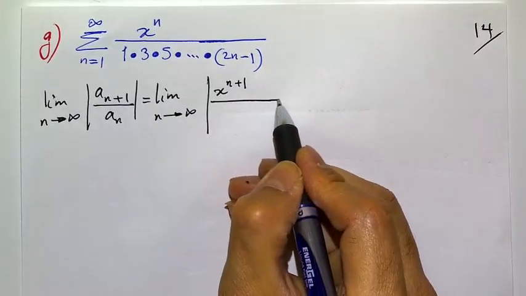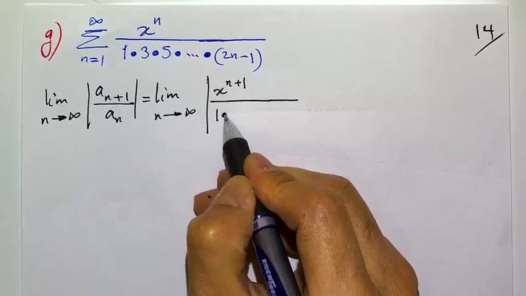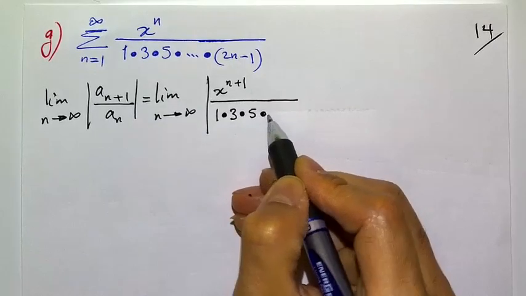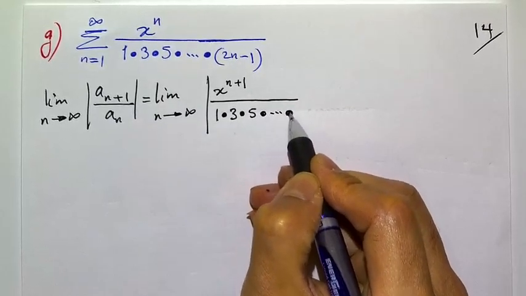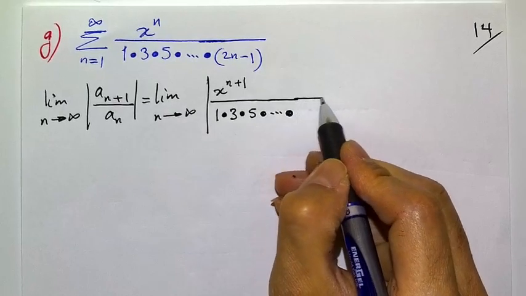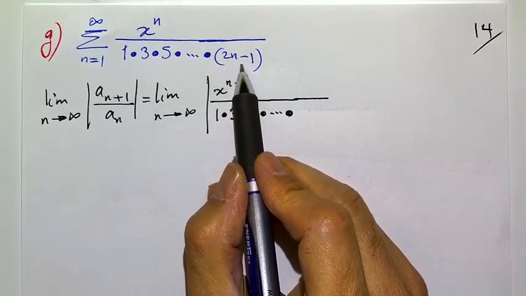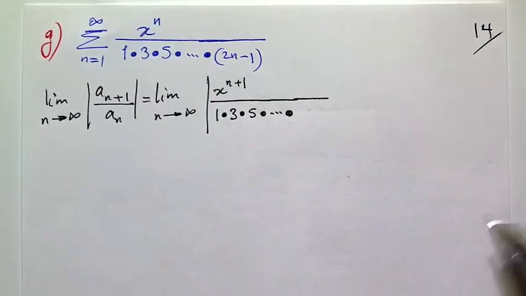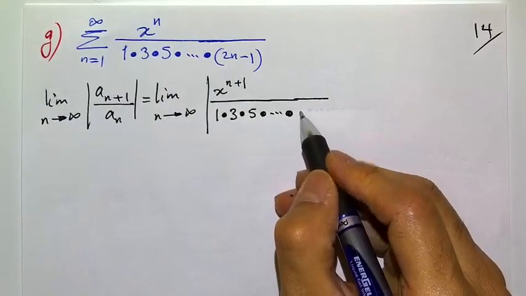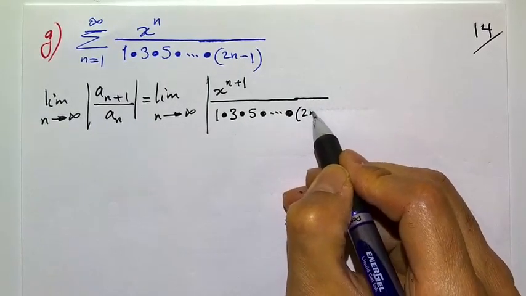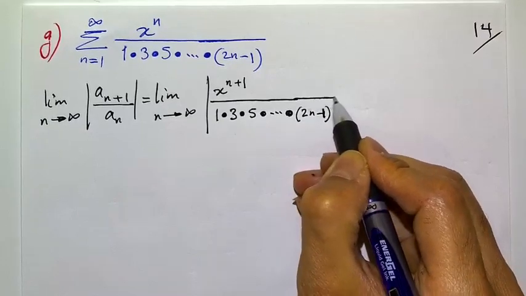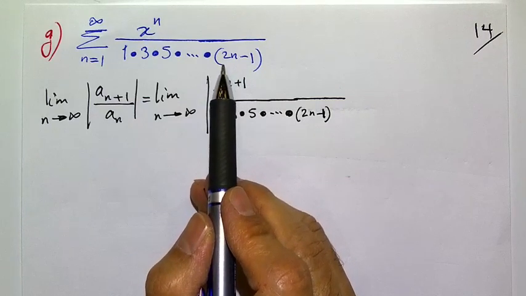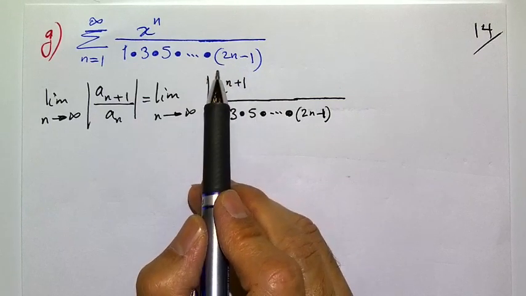That divided by 1 times 3 times 5 times all those numbers in between, times 2n, so this is still going to be part of the series, but it's going to be before 2n plus 1. So we have 2n minus 1, then we're going to have 2n plus 2 times n plus 1, which would be 2n plus 2 minus 1, which would simplify.